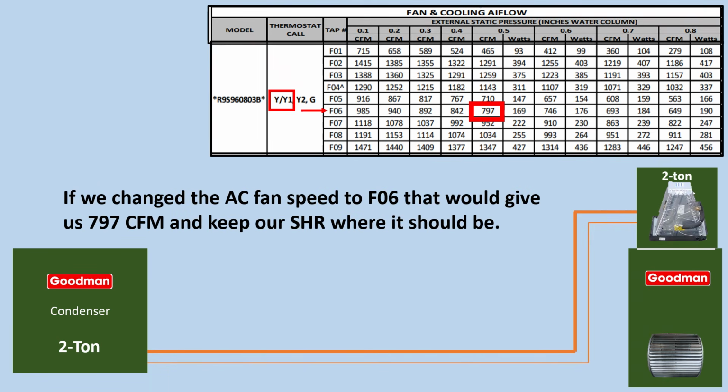If we change the AC fan speed to F06, that would give us 797 CFM and keep our sensible heat ratio where it should be.